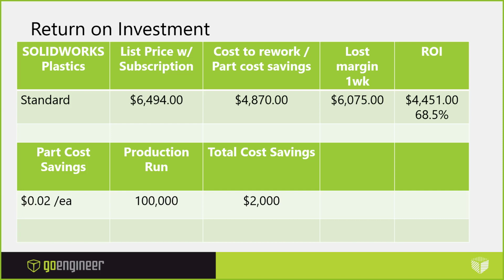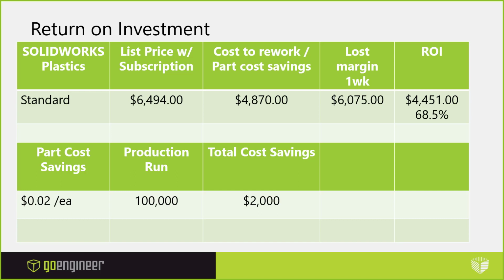So if we look at just 5 days a week, that's 120 hours of lost production time, which equals about 33,000 parts. And you're losing your part margin. If you have a 40% markup, you're losing about $6,000 in that 1 week of lost time. So you add that cost to rework and your lost margin, you're well over the $6,400 that it cost you. So you're looking at like a $4,400 return right off the bat.